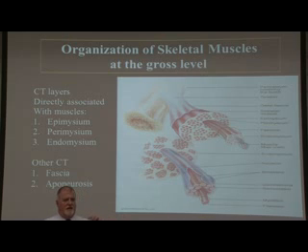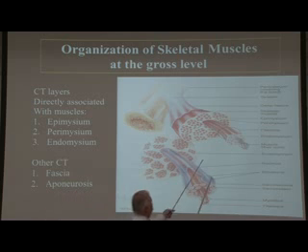There is no such thing as a partial contraction of a muscle cell. So what I have to do is create a muscle by making units of muscle cells that work together as a unit. If I want to contract my muscle partway, I would only use one of the units in the muscle and not all of them. But if I want to contract my muscle fully, I would engage all the units in the muscle.